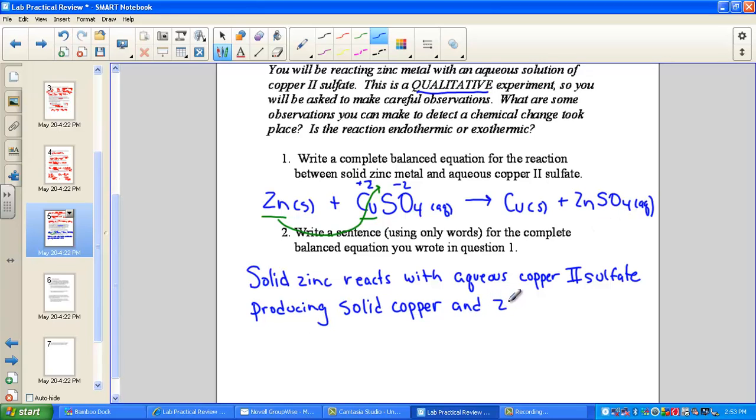ZnSO4 AQ is zinc sulfate aqueous. And I could have written aqueous before, probably would have sounded better. Solid zinc reacts with aqueous copper 2 sulfate, producing solid copper and zinc sulfate aqueous.